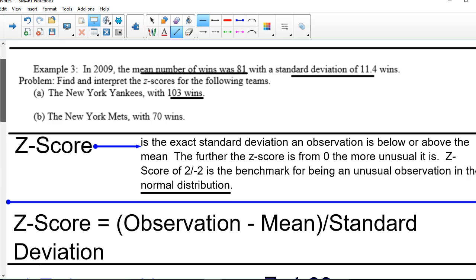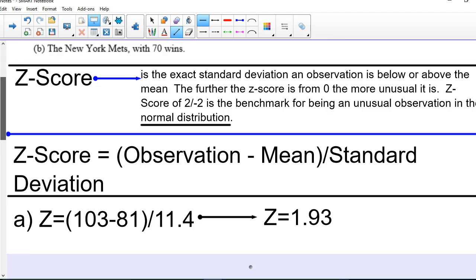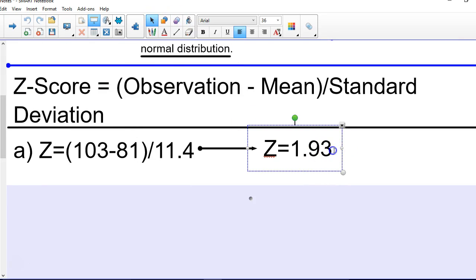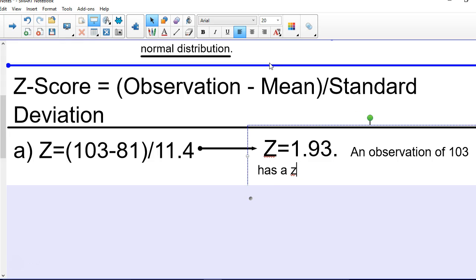Does the question ask to interpret it? It does say to interpret it. So if I'm going to interpret it, let me just add on to this for you. I would say, and I'm going to change my font, let's go with 20, an observation of 103 has a z-score equal to 1.93.